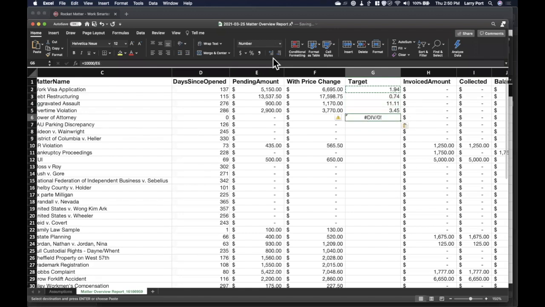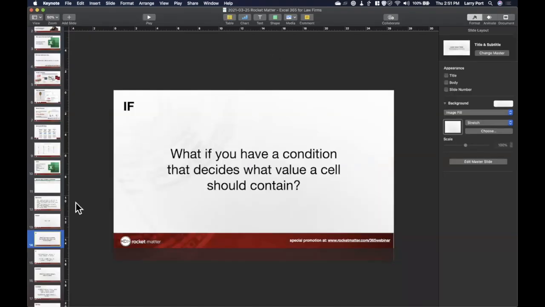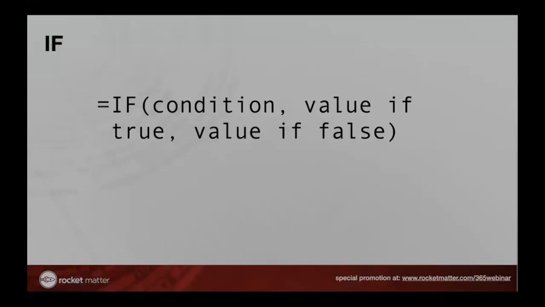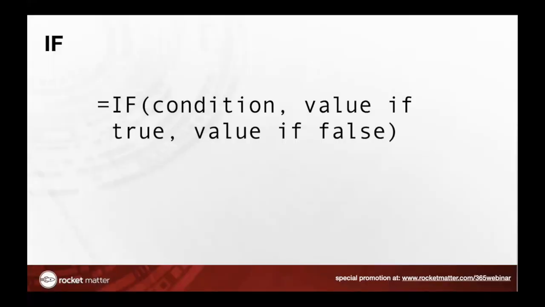And maybe that gives me all valid values here. But what happens if I'm dividing by 0? Then I get this horrible, nasty error message from Excel that says #DIV/0!. So what I can do is write an if statement, right? So I write, just like I did equals SUM, I'm going to write equals IF, and inside the parentheses go the condition that I want to test for, then the value if it's true, and then the value if it's false.